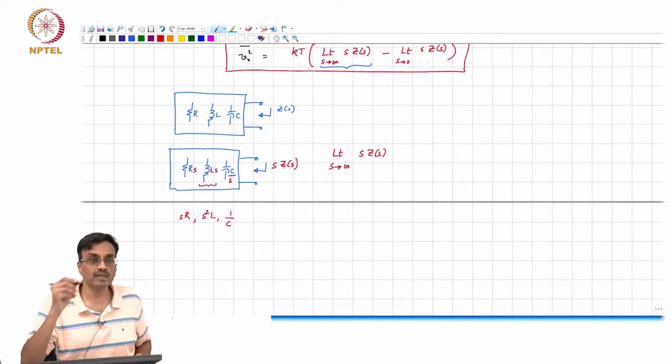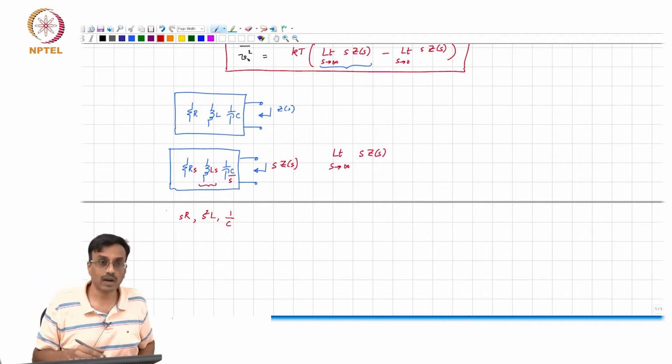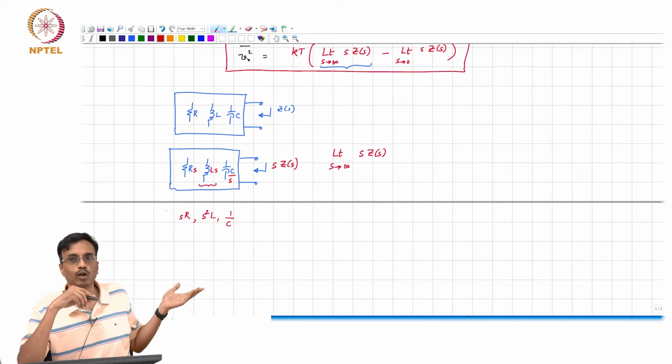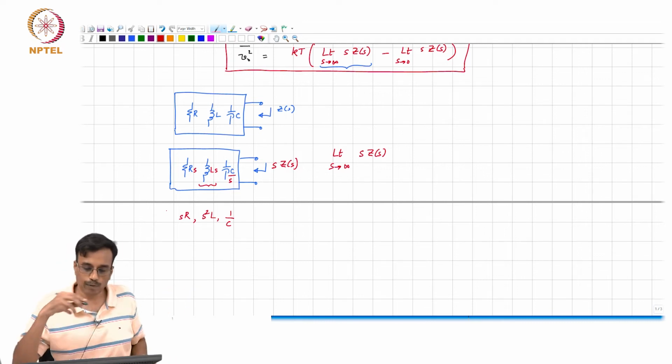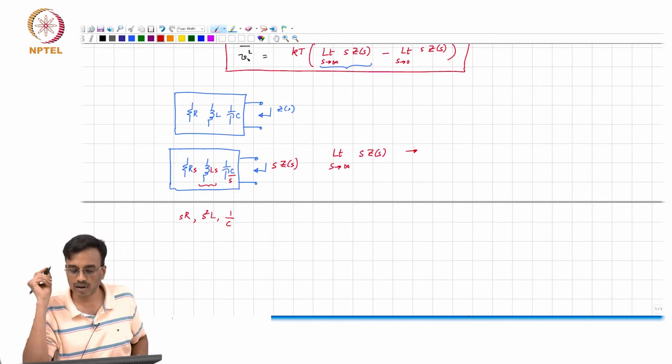Now, if we let s tend to infinity, how can you interpret this? As s tends to infinity, sR becomes infinite. Similarly, s square L also becomes infinite, and therefore, how would you interpret this limit as s tends to infinity of s times Z of s?